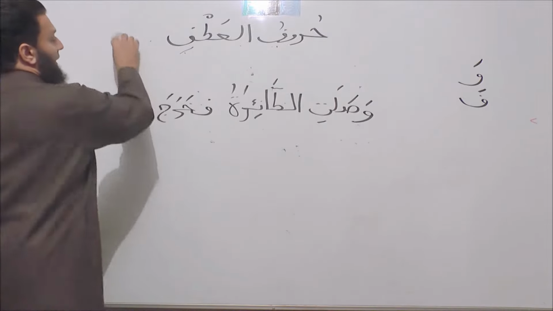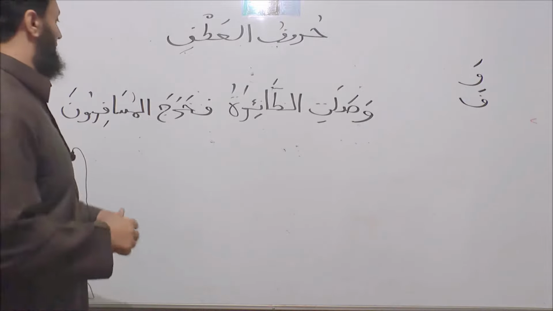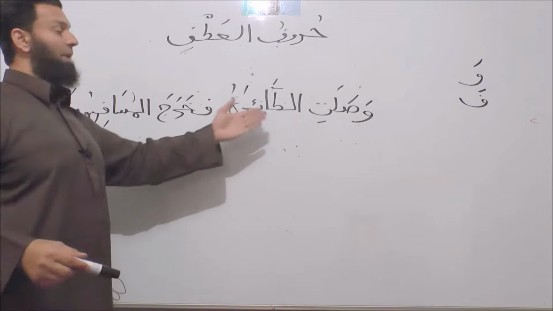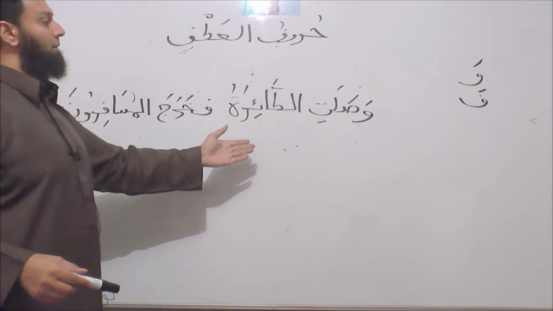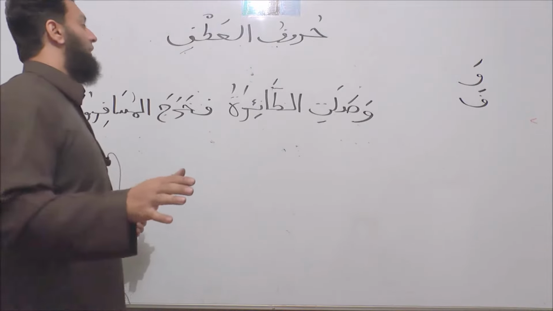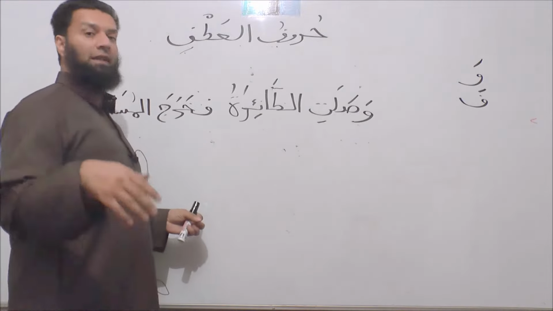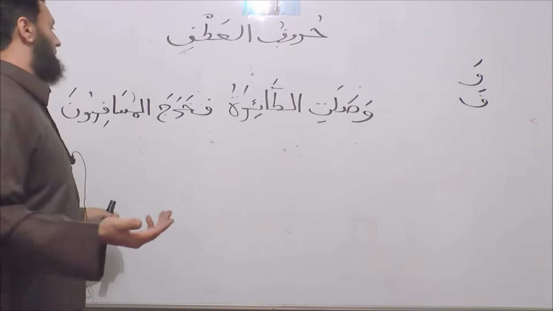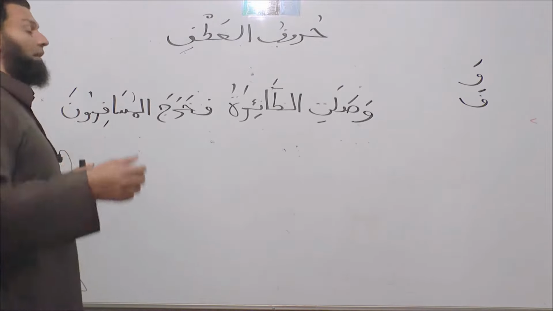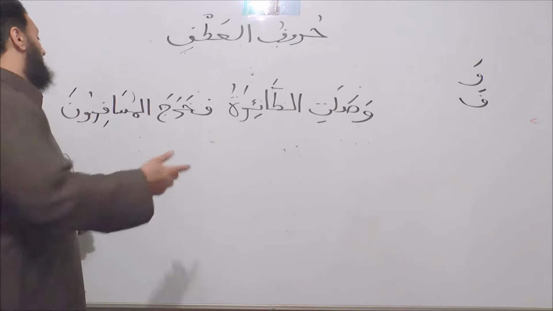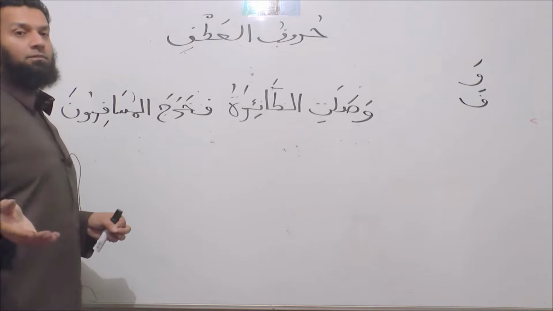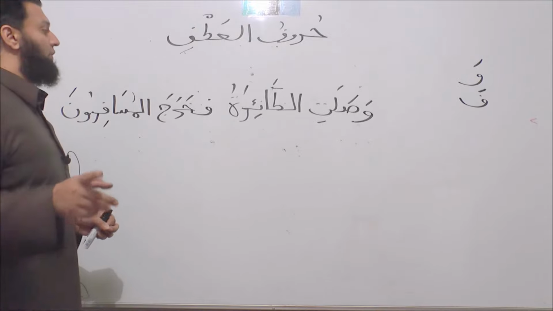Right, so what do we have here, Ya Muhammad? وصلت الطائرة, which means the airplane arrived. Yeah, you don't need to say it, the aeroplane. The aeroplane arrived. Then the travelers left. Right. خرج, exited. Then المسافرون خرج, exited.